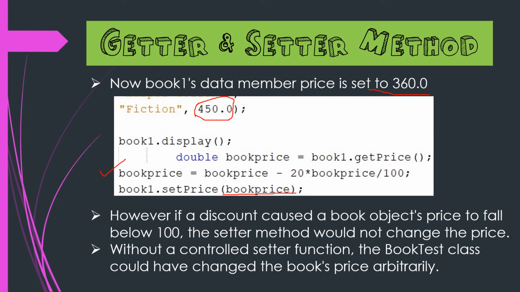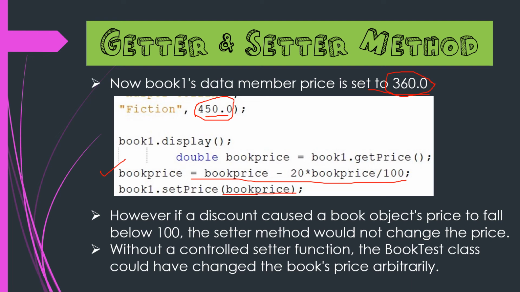So that is why it will be displayed as 360, because when this value 450 is put in this formula, the value comes out to be 360. You can calculate it. So what we are basically doing is changing the actual value to the discounted value by applying this formula. However, if a discount caused a book object's price to fall below 100, the setter method would not change the price.